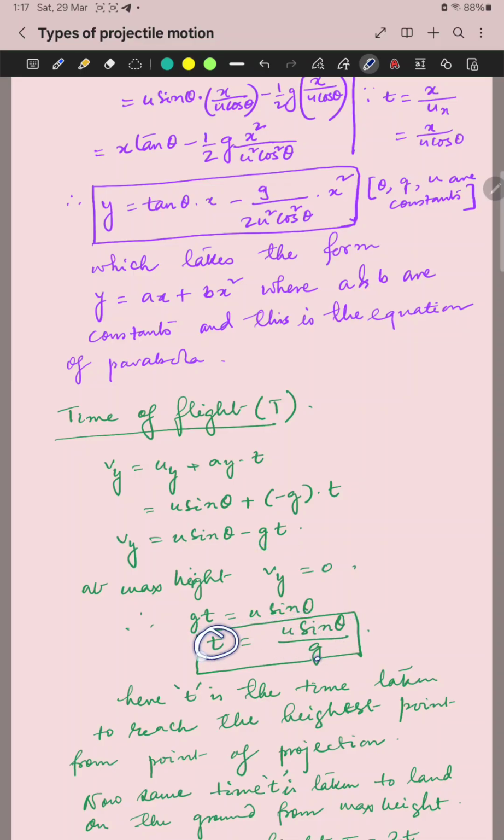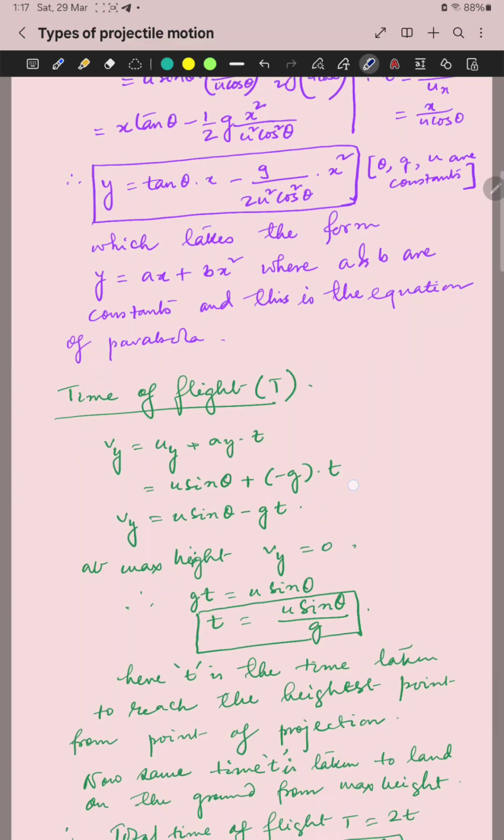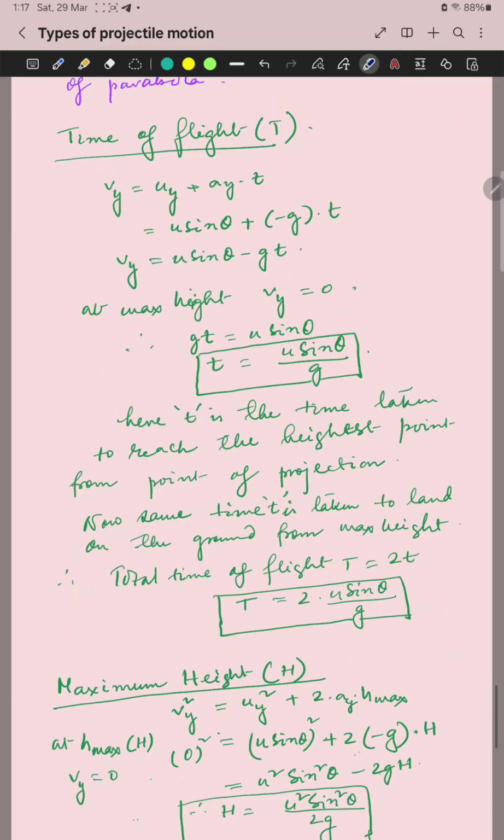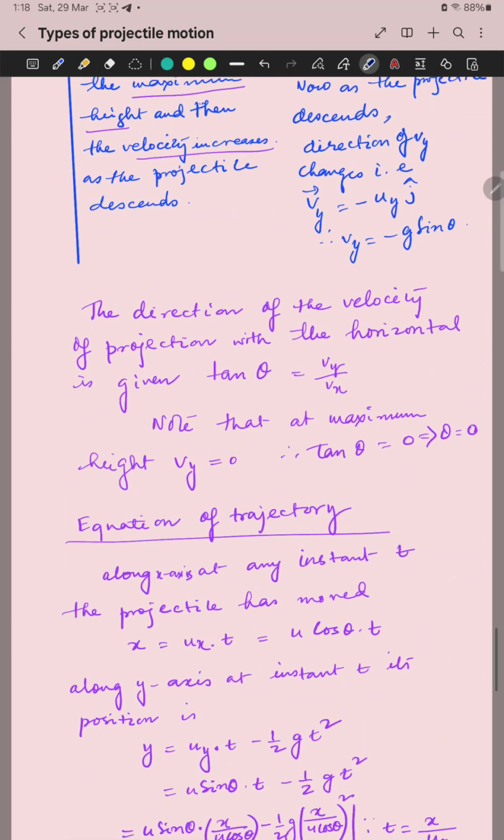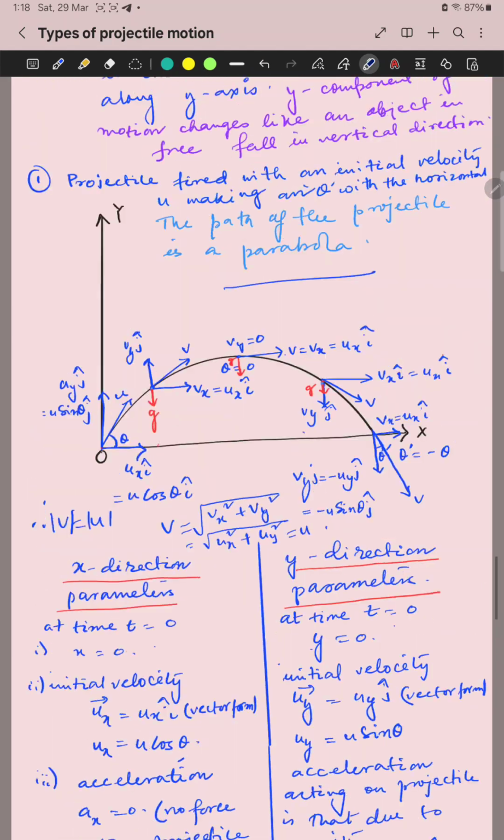Now this time is the time taken by the projectile to reach from its starting point, that is the projection point, to maximum height. The same time will be needed by the projectile to land from the max height to the landing point. So the total time of flight will be capital T equals 2 times the small t.